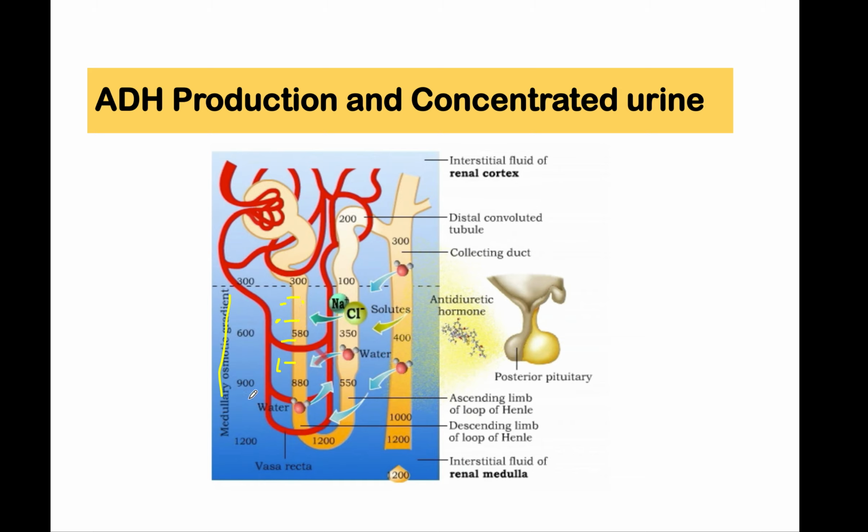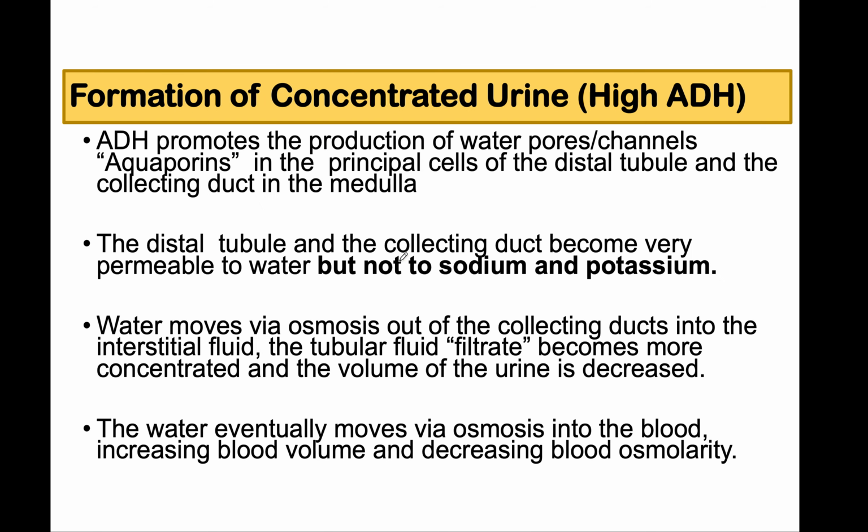So this change in osmolarity helps in regulating the reabsorption of water. However, most of the adjustment occurs here at the distal convoluted tubule and in the collecting duct, and we will see how that occurs.